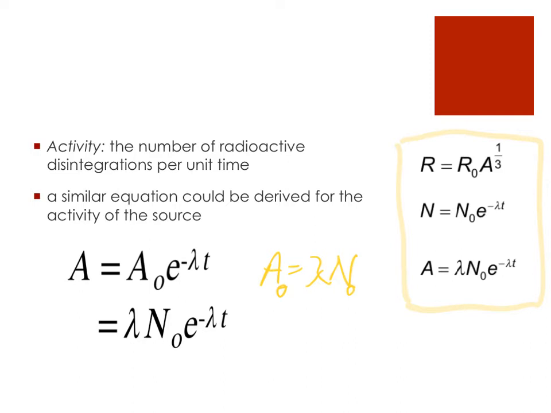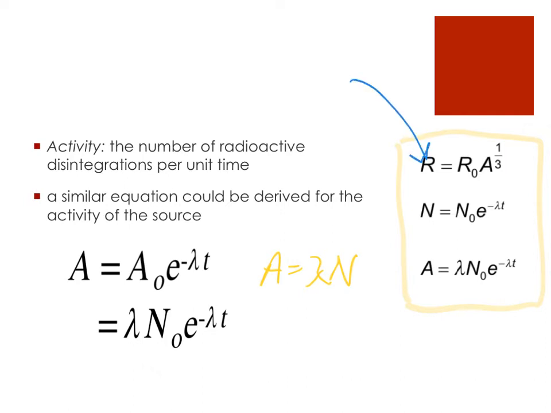Or I could put it later at any point and use it as well. Now, it's not in our data booklet, but if you look carefully, you can see that it really is there, because this technically should be A naught, and instead I've got lambda N naught. So that shows you right there that A equals lambda N. The activity equals the decay constant times the number of nuclei.